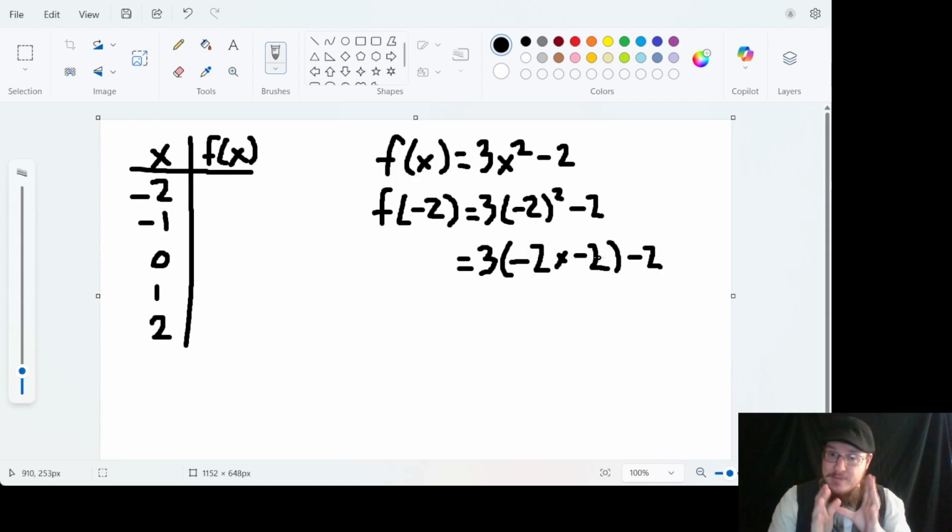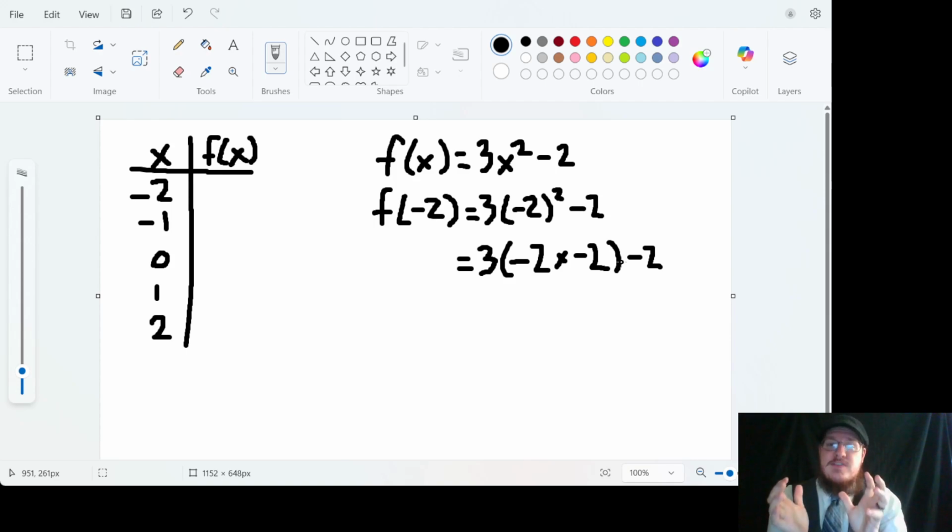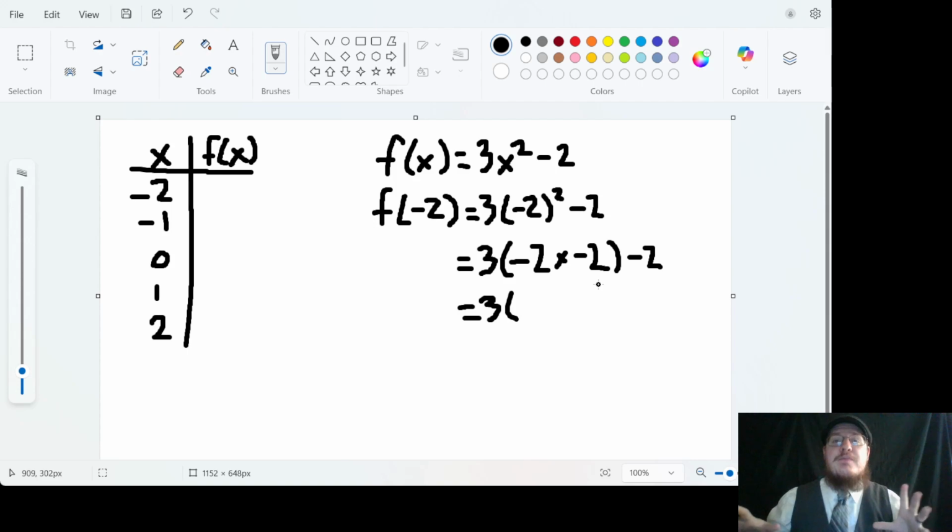Now remember, PEMDAS, parentheses first, we have these parentheses here. We perform everything inside the parentheses. So we have to multiply these two values first before we do anything else. So we get 3 times, now negative 2 times negative 2. Big rule here goes with any type of math.